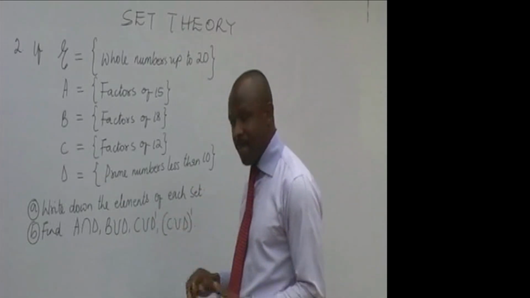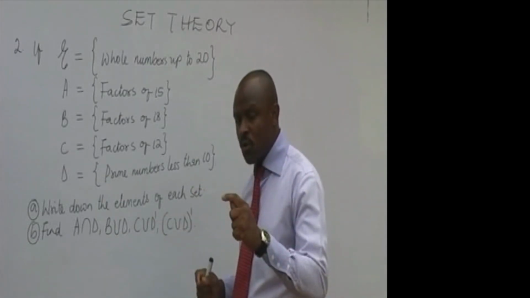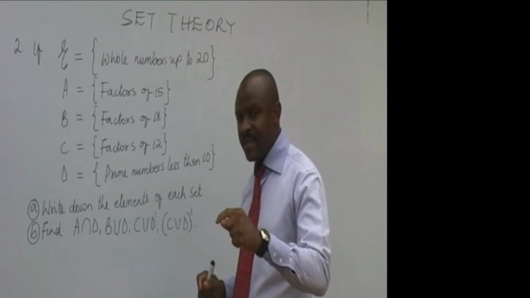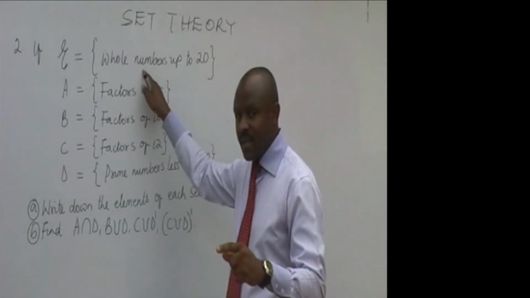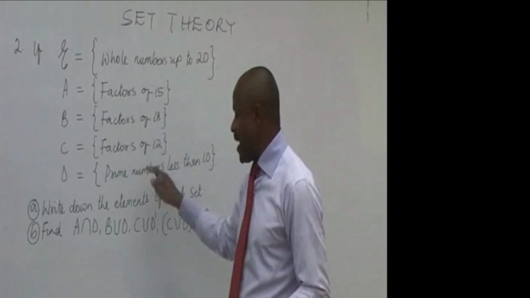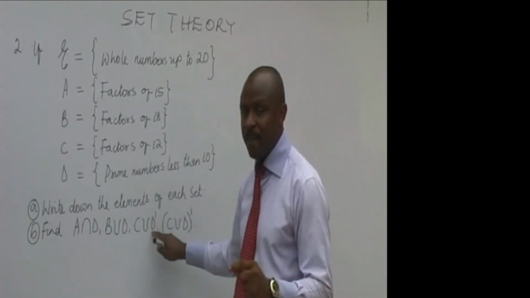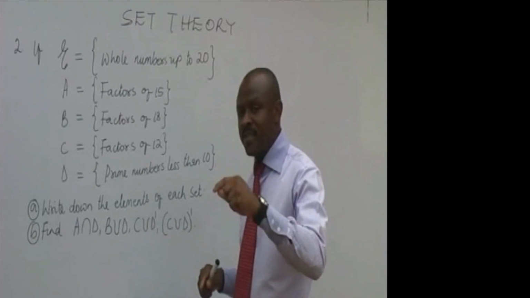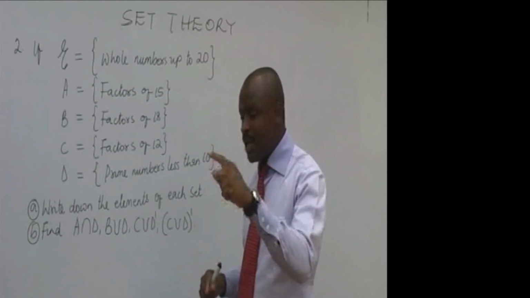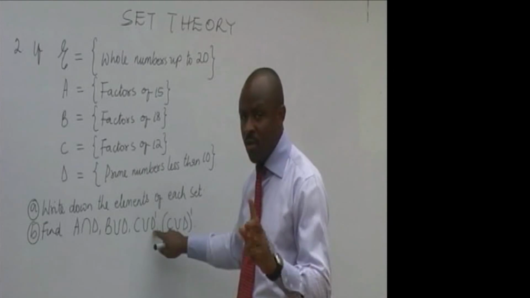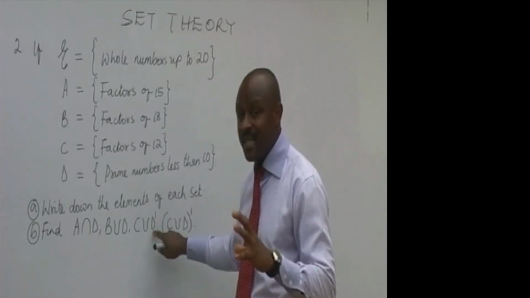D prime is those members of the universal set that are not found in D set. You will not find them in D. We call them D prime.